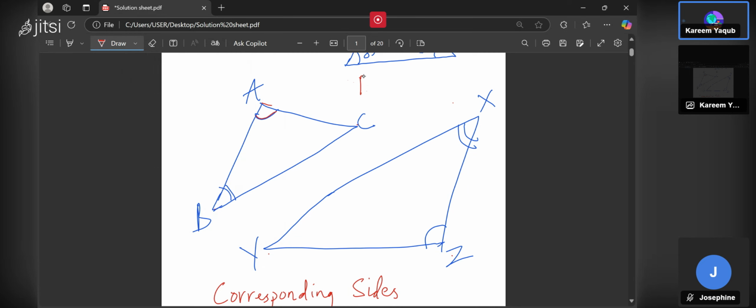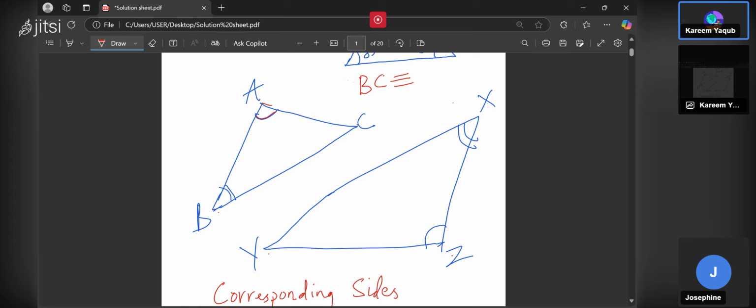So BC corresponds to which side in the other shape? I want your response here. Side BC here, B to C, corresponds to which side? Are you there? Yes.